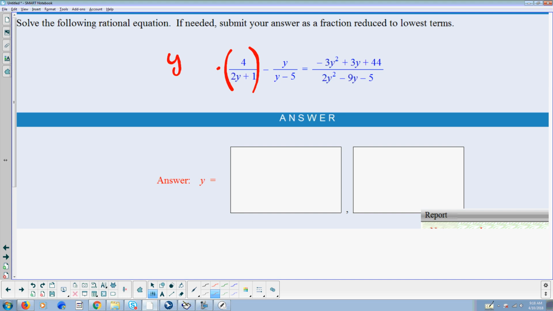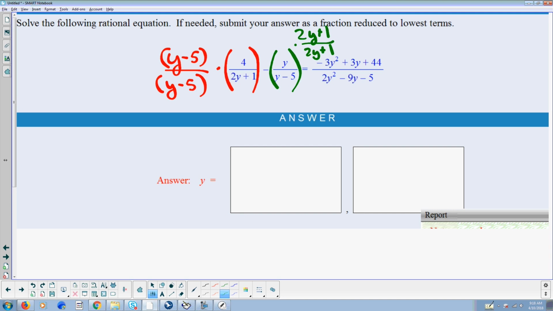So we're going to multiply by y minus 5 over y minus 5. The second part is going to have to be multiplied by what binomial? 2y plus 1. So we're going to multiply that one by 2y plus 1 over 2y plus 1.